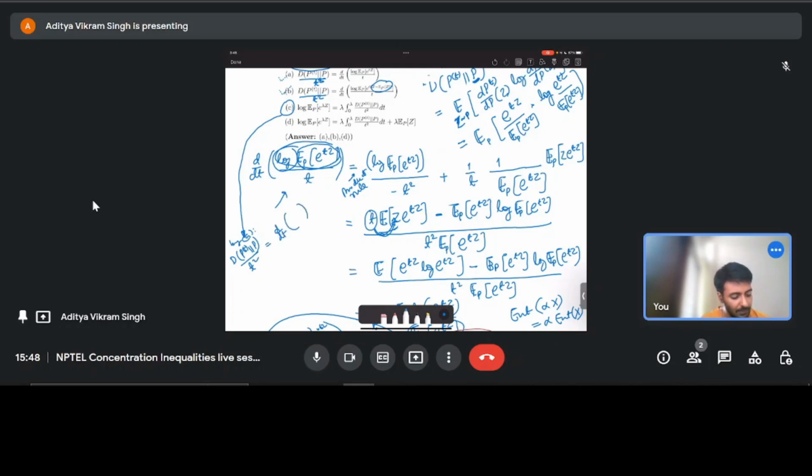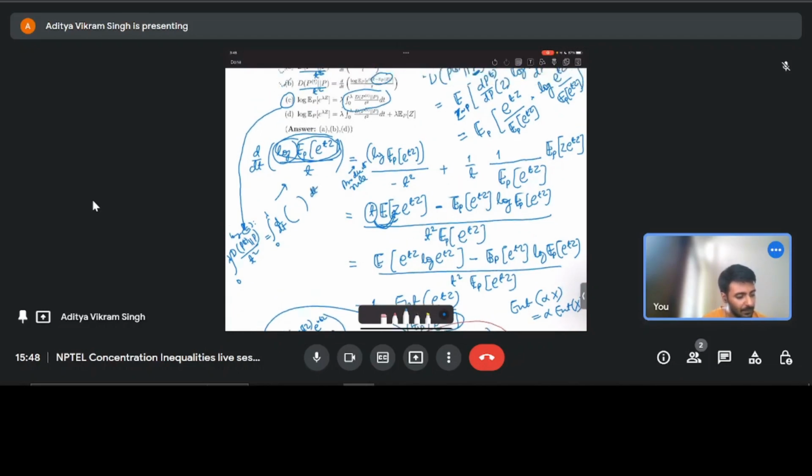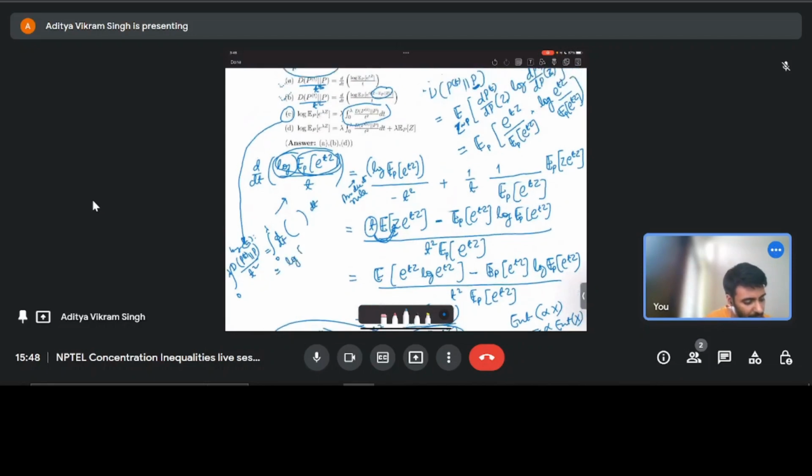Now we integrate this on the right and left from 0 to lambda. Since it's inside the derivative, with a dt, this would just be equal to log expected e power tz by t, from 0 to lambda.